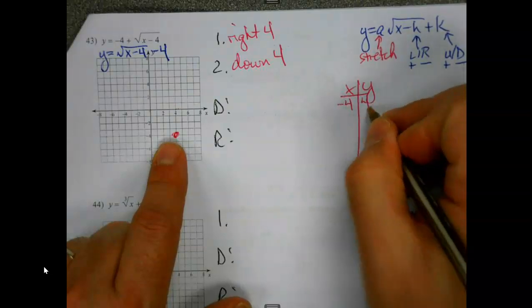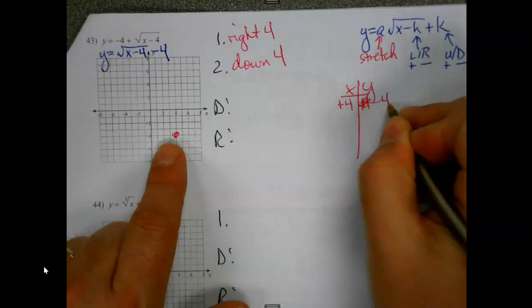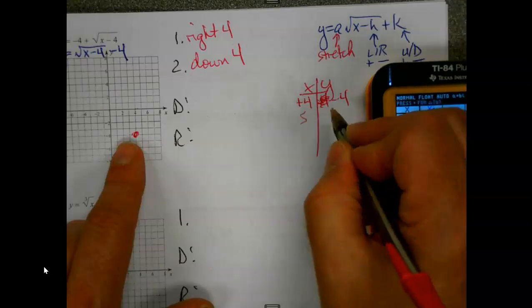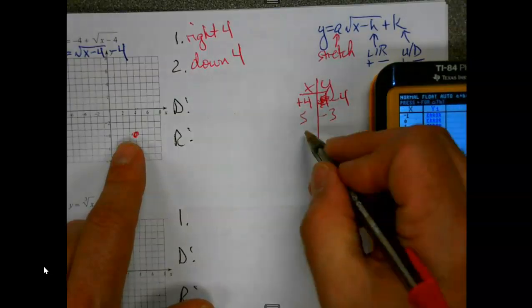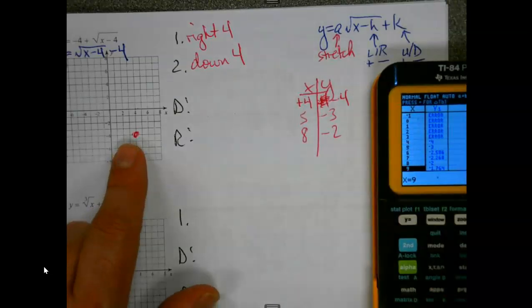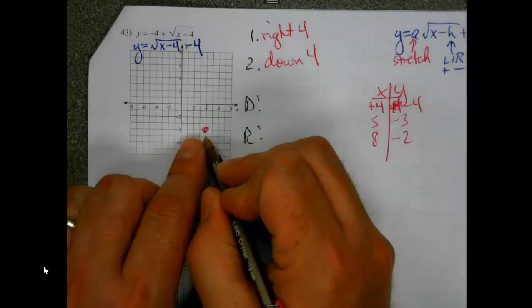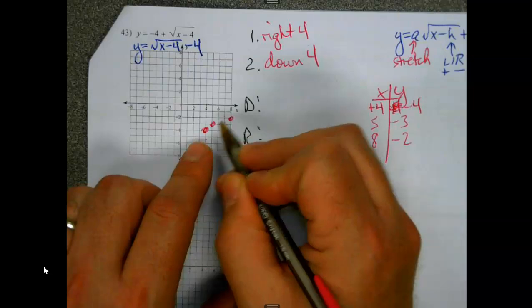It's 4, negative 4. Got to get the points right. We also have 5, negative 3, and 8, negative 2. Those are the only ones that are going to fit on my graph here.